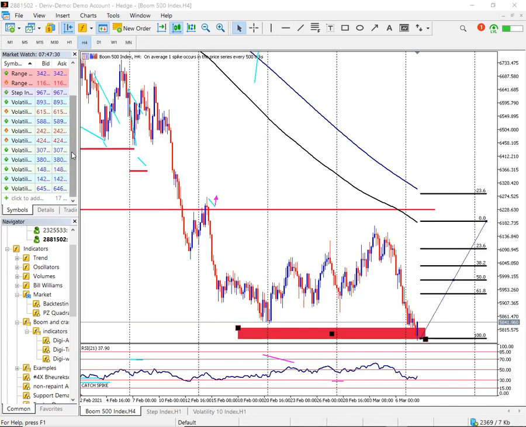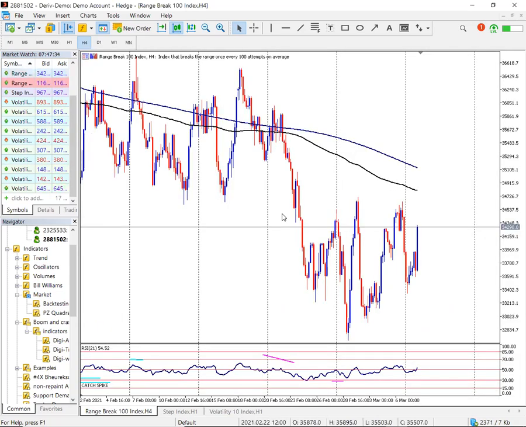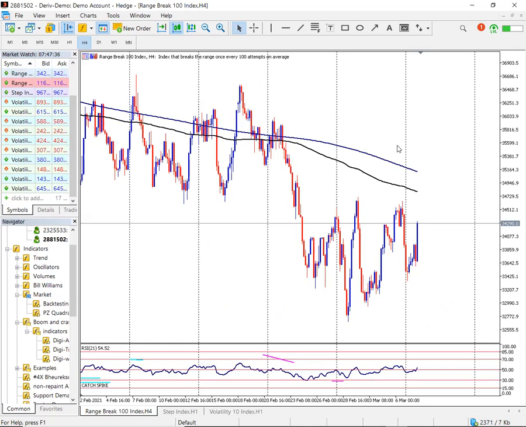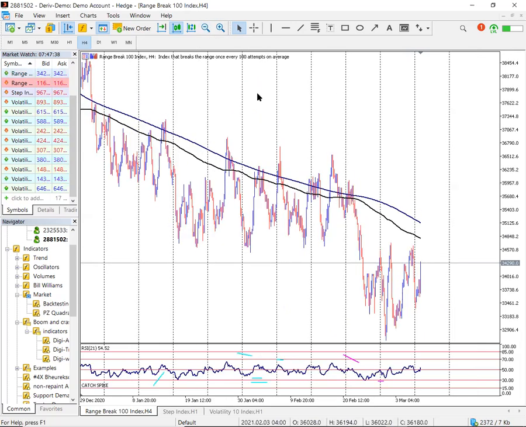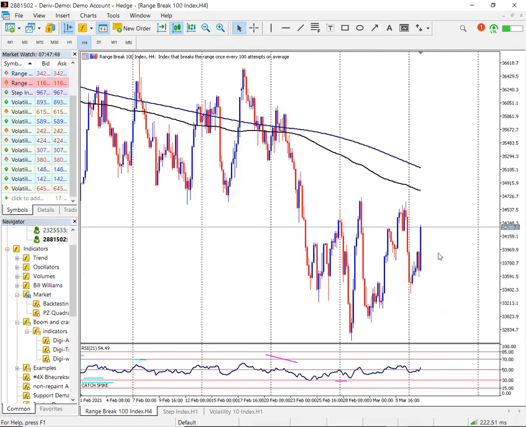I don't trade the range market. Don't trade this range thing. It's more volatile, like Volatility 75 and Volatility 100. Remember these are spikes, so any big spike against you and you see a very big loss.